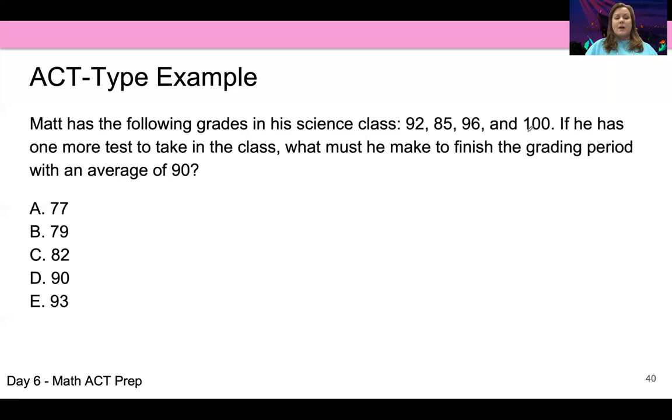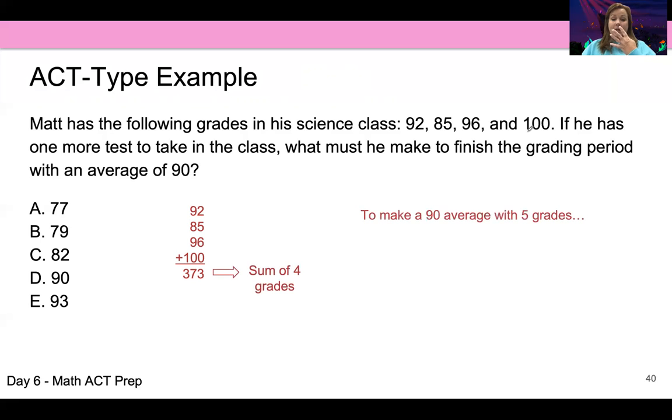So how would we solve this? If you add up the 4 test grades that you have, you see that you've earned a total of 374 points. Okay, that's the sum of 4 grades. Now, if you want to get a 90 average with 5 grades, you're going to need 450 points because that is 90 times 5.